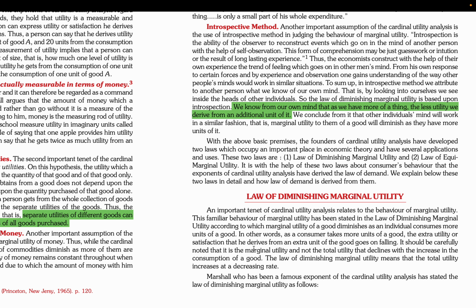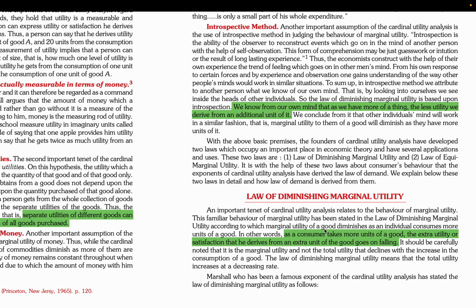In other words, as the consumer takes one more unit of a good, the extra utility or the satisfaction that he derives from the extra unit of goods goes on falling. It should be carefully noted that it is the marginal utility and not the total utility. Of course, the total utility is not going to fall.